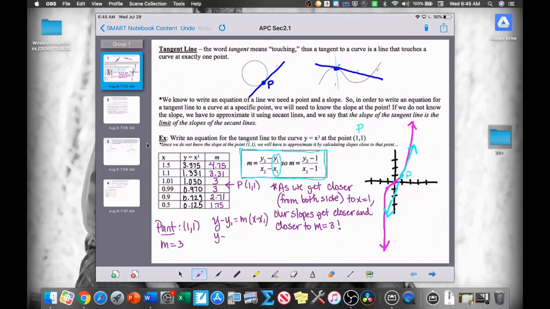In this case, we will have y minus 1 equals 3 times x minus 1. When we simplify this, on this side of the equal sign, we're going to get 3x minus 3. When we add the 1 from the other side of the equal sign, we end up with y equals 3x minus 2.